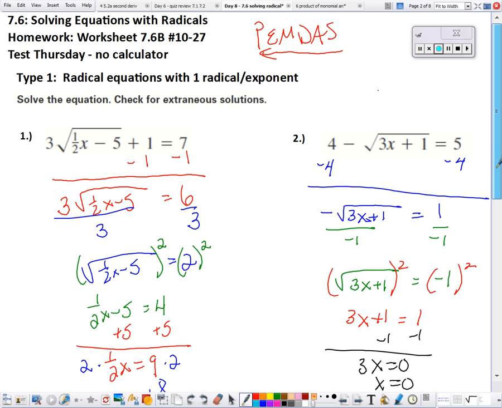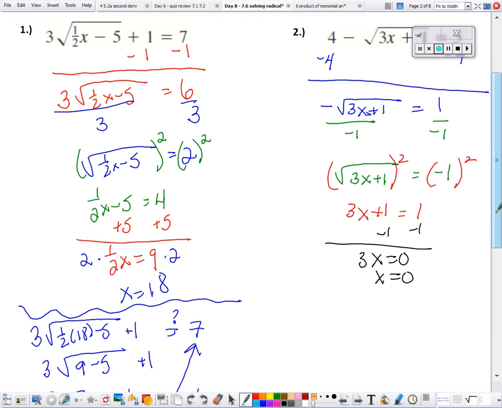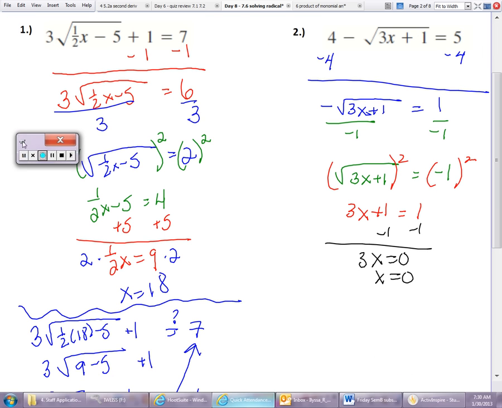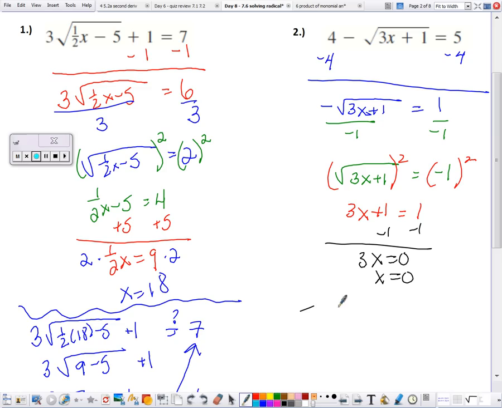But we have to check it, so let's see. I'm going to plug 0 in. We're going to see if we get 5. This is 4 minus the square root of 1.